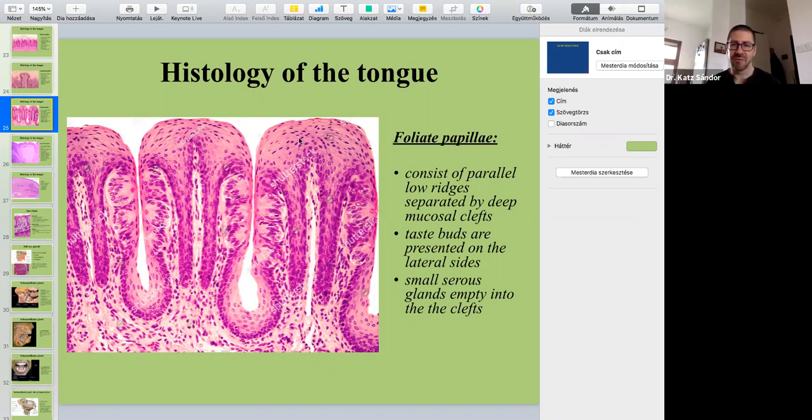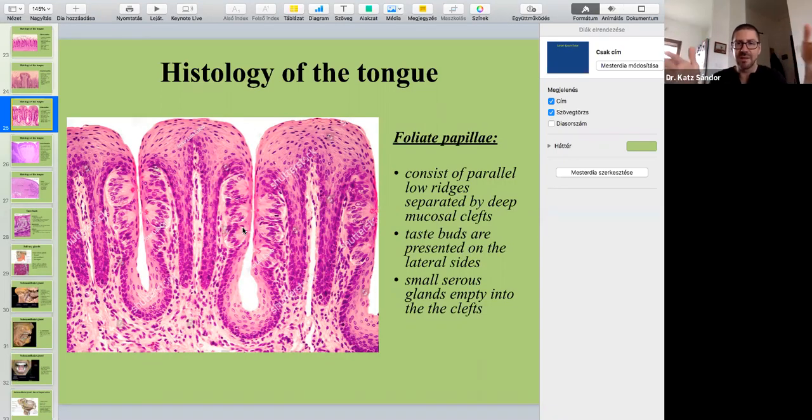At the top we can find stratified non-keratinized epithelium, but at the lateral side we can find these circular cabbage-like structures. They are the taste buds, in a different location than in the fungiform papillae.